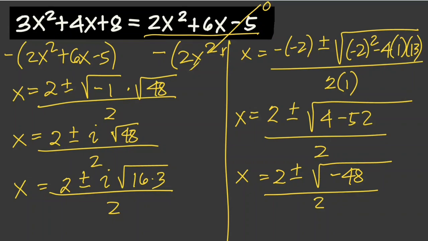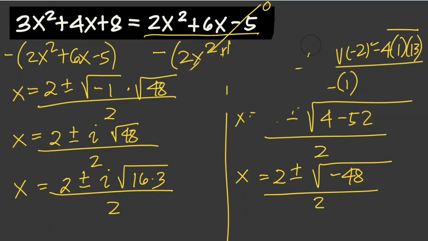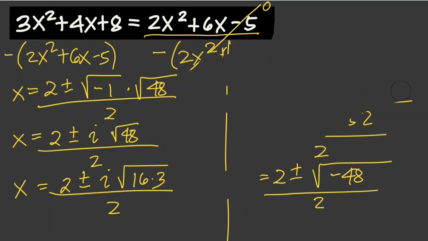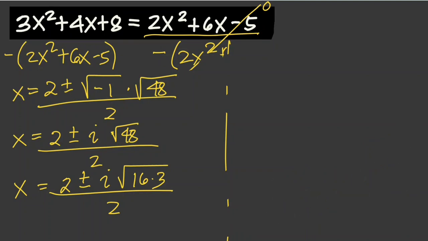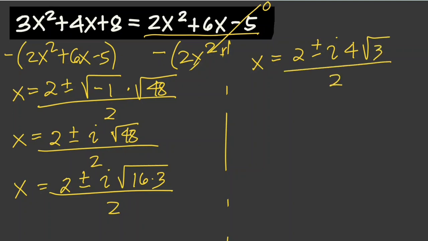And 16 is a perfect square. So we can write this as x equals 2 plus minus i, the square root of 16 is just 4, square root of 3 over 2. So this is what we get by simplifying the root.